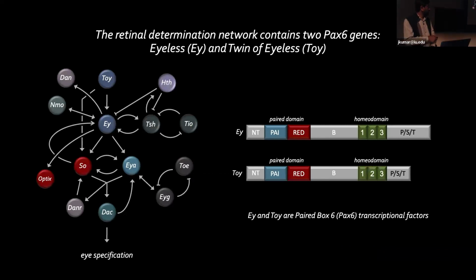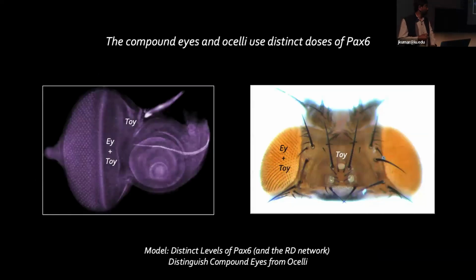This was just to remind you that we're going to look at two different Pax6 molecules, Eyeless and Twin of Eyeless. There's a lot of evidence to suggest, and some of it I'll show you, that Eyeless and Twin of Eyeless function within the developing compound eye to specify its fate, but that only Twin of Eyeless gets used in the ocelli.